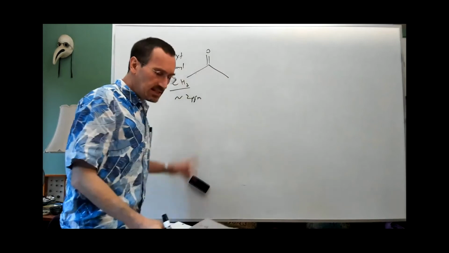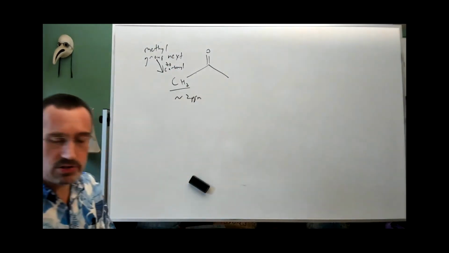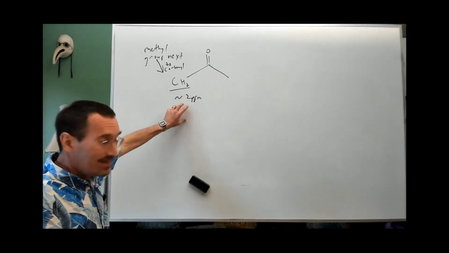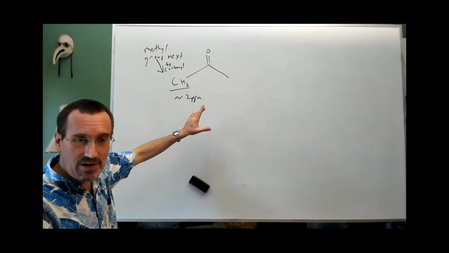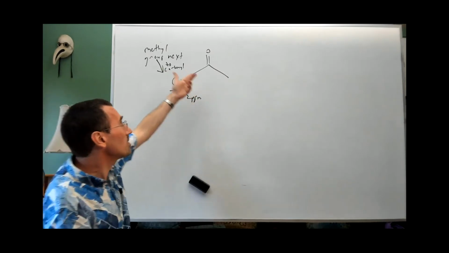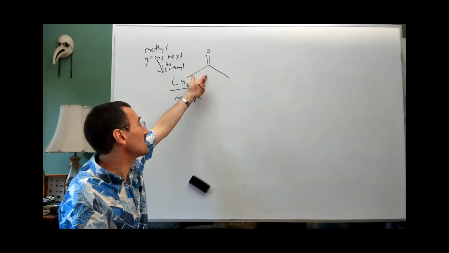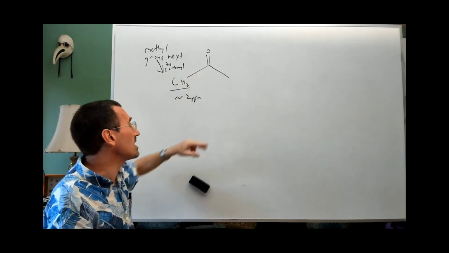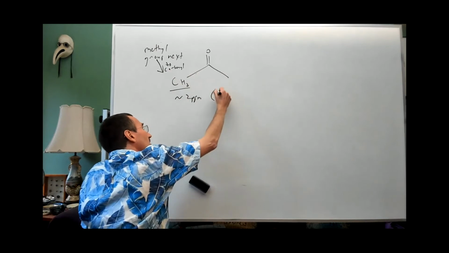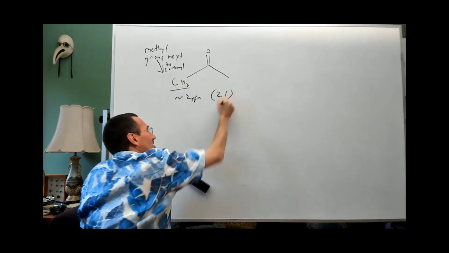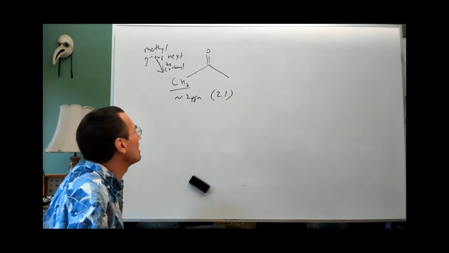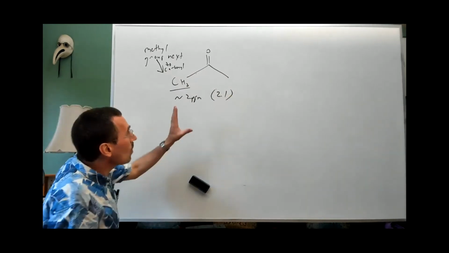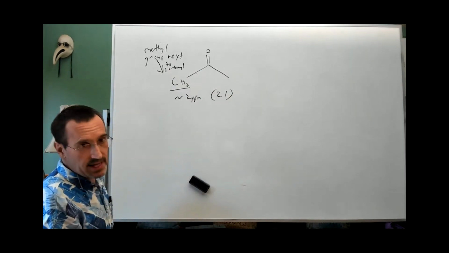And what's nice about that, it might be a little closer to 2.1 ppm. So this could be acetone, it could be ethyl acetate, it could be almost any methyl ketone. I'm going to urge you to keep one number in your head. If you can keep more than one number in your head, great. But I like to lump things together.